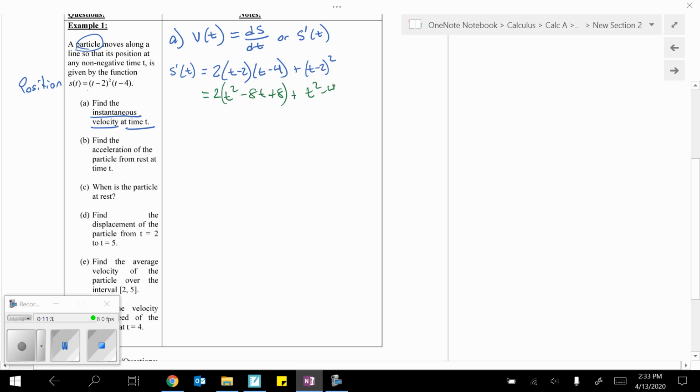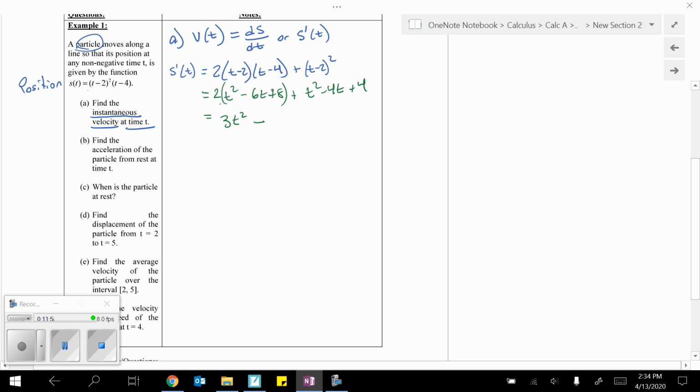So then distribute the 2, put everything together. Let's see, there's going to be 3 of them, t squareds minus 16 minus 4. Hold up. Haha, there's the mistake. Boom, that's not 8, that's 6. Yeah, it doesn't matter.